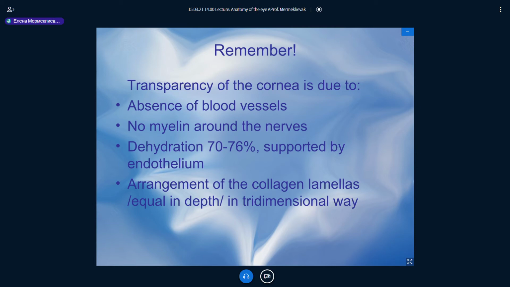Important is that the transparency of the cornea is due to the absence of blood vessels, no myelin around the nerves, dehydration supported by the endothelium, and arrangement of the collagen lamellas. That's all.